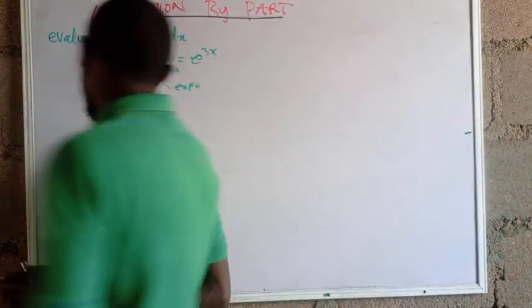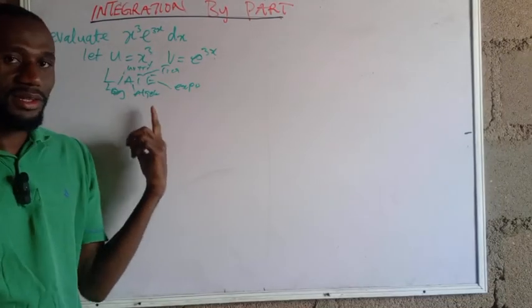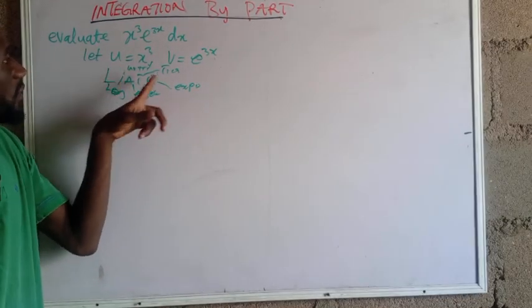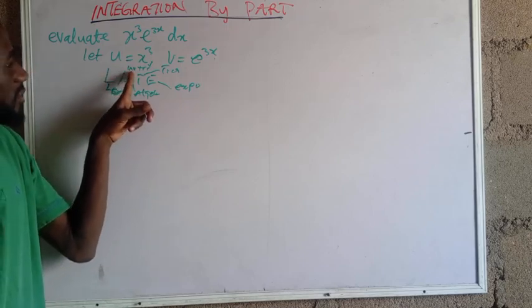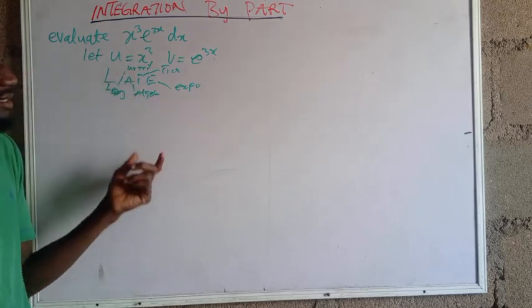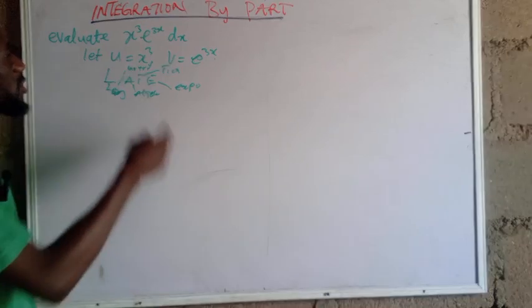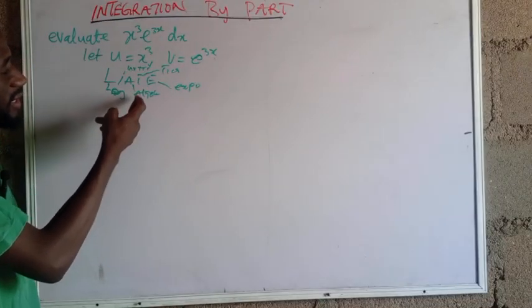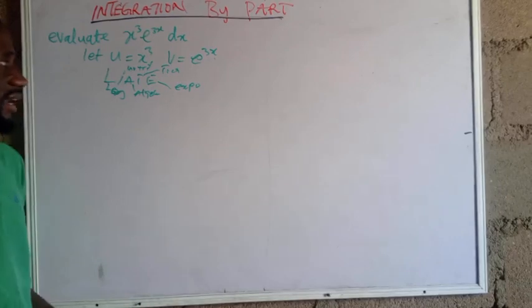When a logarithm function comes first, remember that the logarithm function should be your u. When an inverse of trigonometric function comes first, then remember that you are going to let u be the inverse of trigonometric, likewise algebraic, or trigonometric, or exponential at the last one.